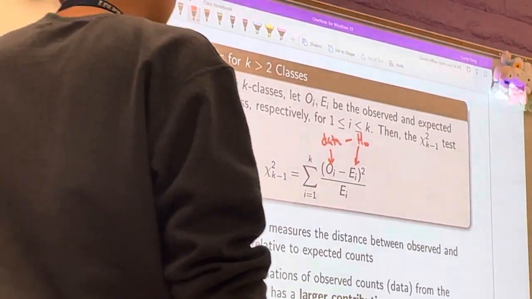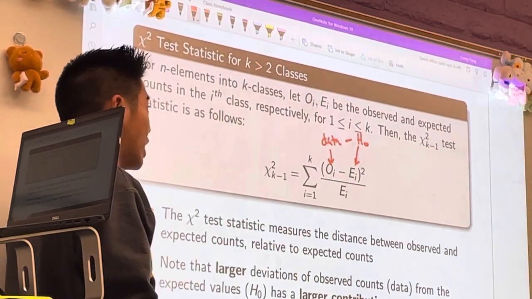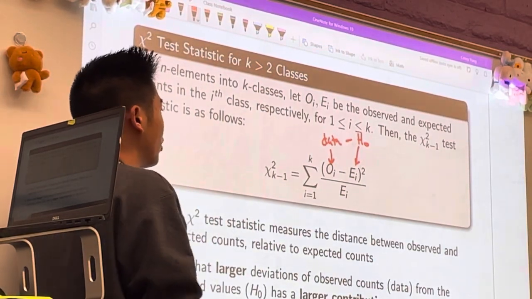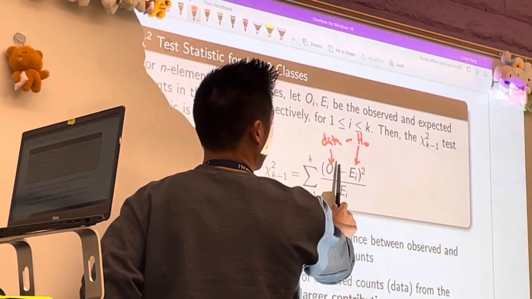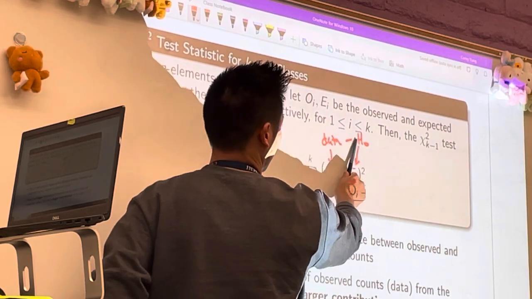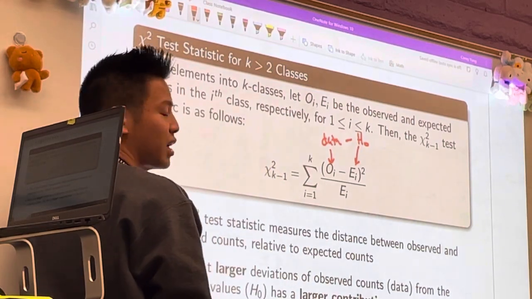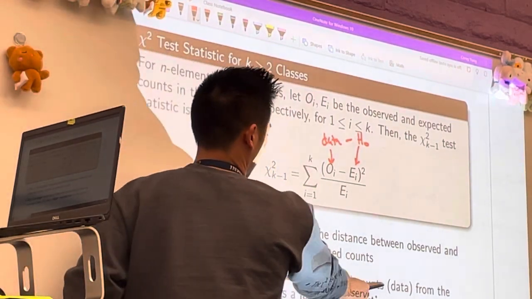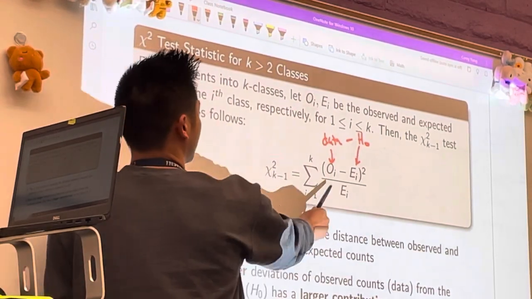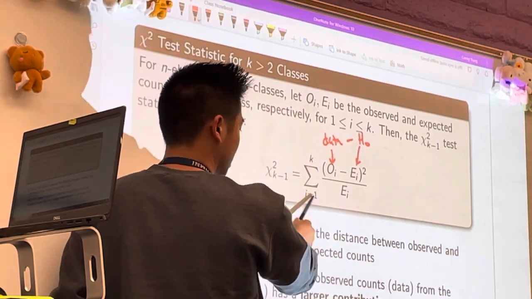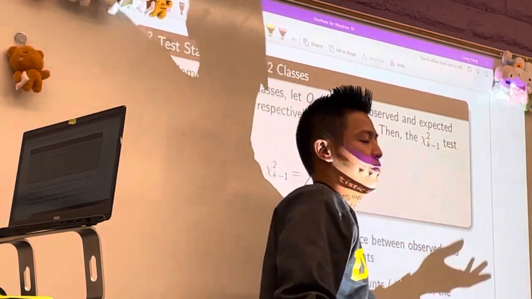The way to think about this is that whenever we have a big difference between observed and expected, this difference will be large. So if the data doesn't agree with the null, this difference should be very big. If I continue to have observed counts that do not follow the expected counts under the null hypothesis, the differences I'm contributing to this sum are going to contribute to a larger chi-square value.